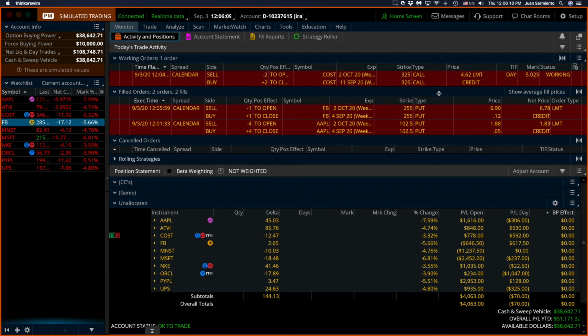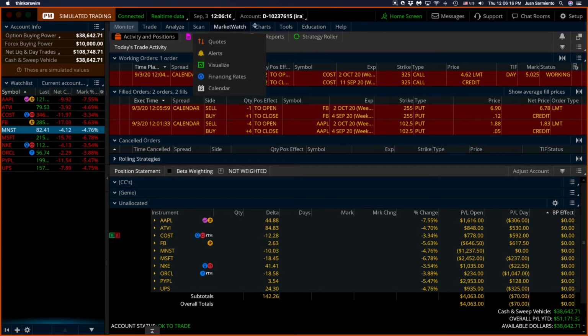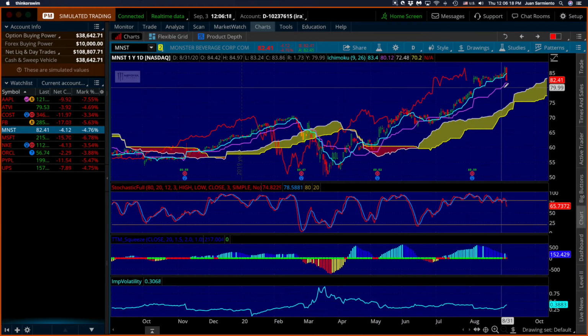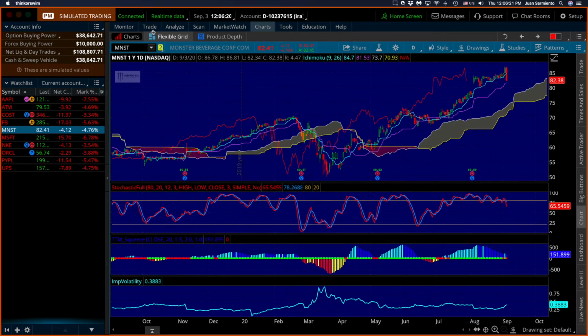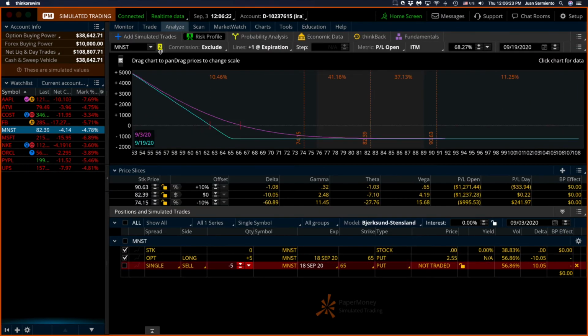It should get filled. I'm asking less than what the market would bear, so we'll see. MNST, another big reversal day. I think that's significant. Let's go to the Analyze tab. All I have here is a lottery ticket left over from some other time, but right now that's worth 0, so I'm not going to do anything with it.